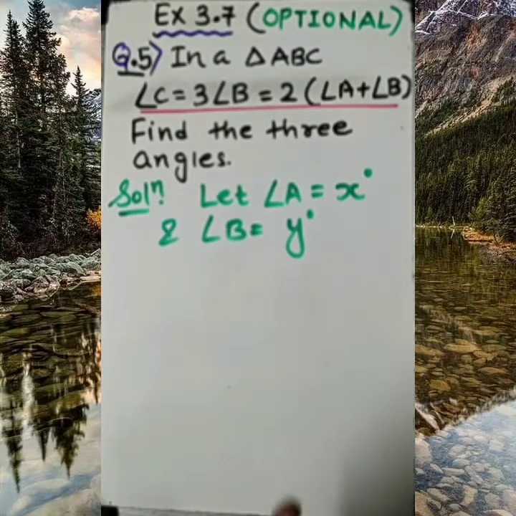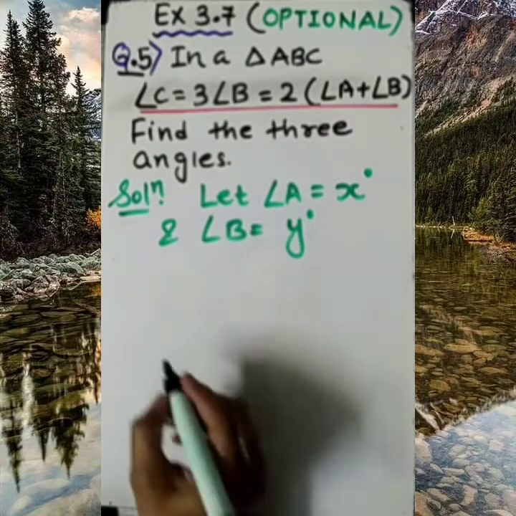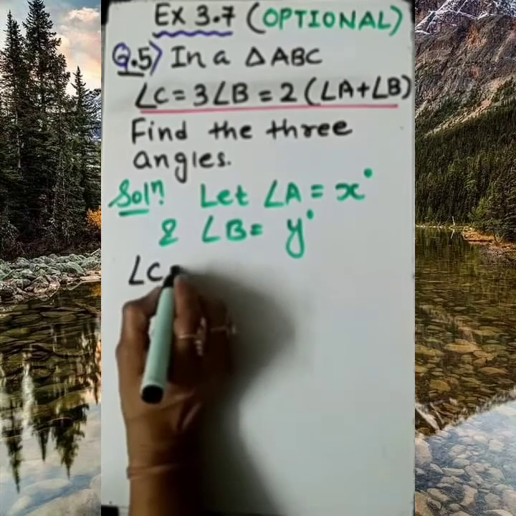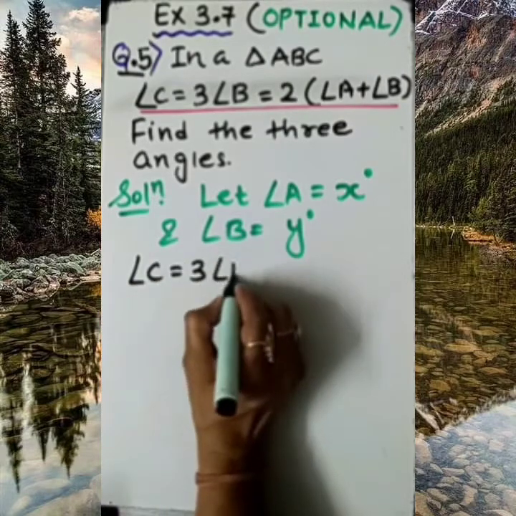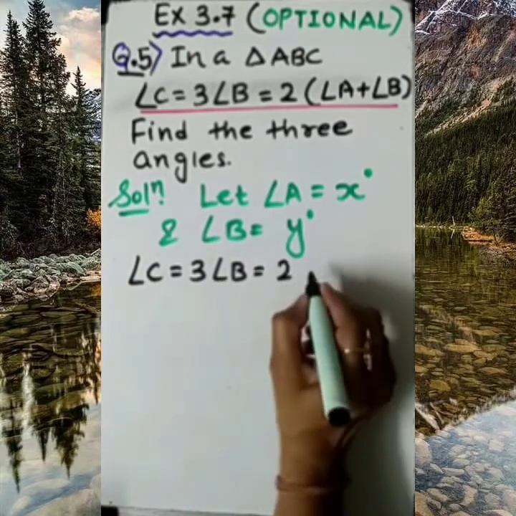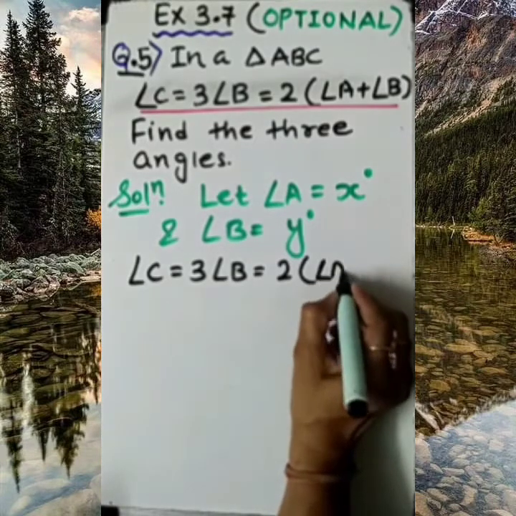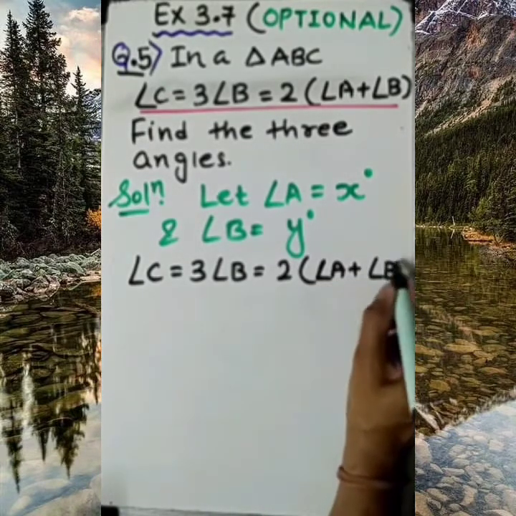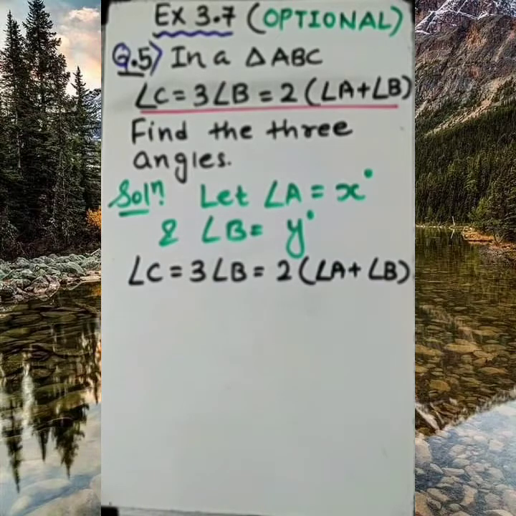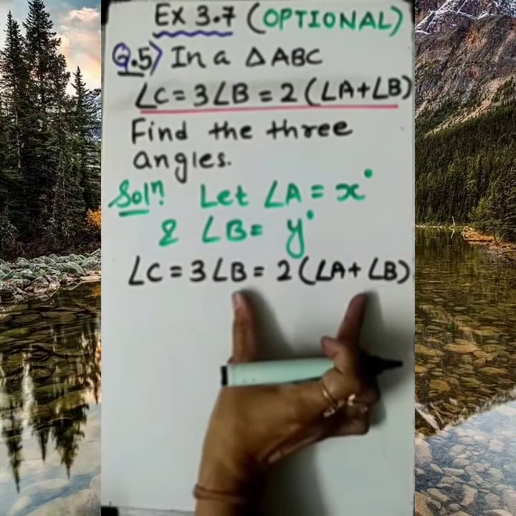Fine. Now if we are given this condition, then in the first case I should say angle C equal to 3 angle B equal to 2 times (angle A plus angle B). This we are given. Agree? Now what am I going to do? I am going to consider these equations first.